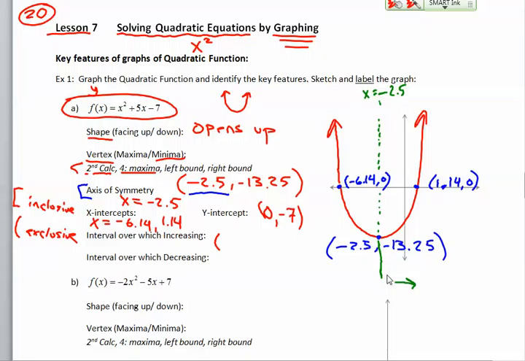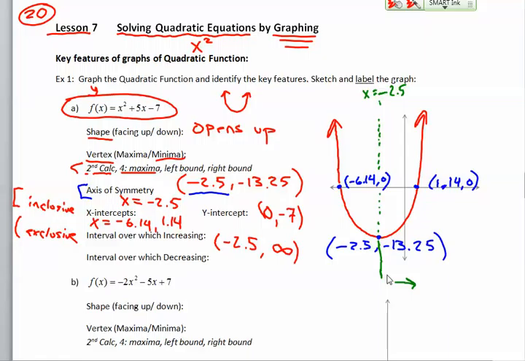And I'm going to start with -2.5 as my lowest x value of that interval. And my highest x value is going to go all the way up to positive infinity. I always use a parenthesis with the infinity because I can't include that as a value. Cool. So that's the interval over which this is increasing, from -2.5 as my x all the way up to infinity as my x.